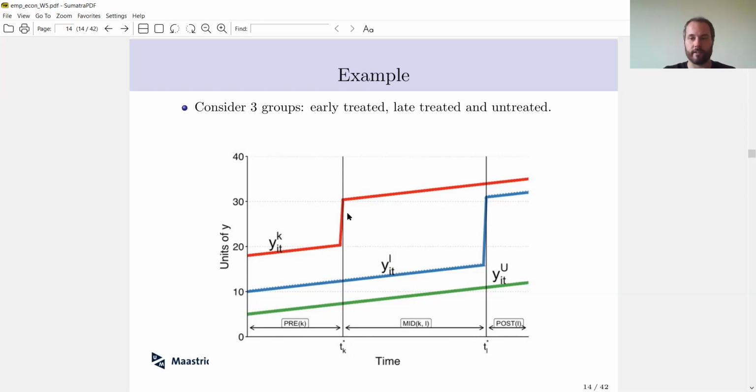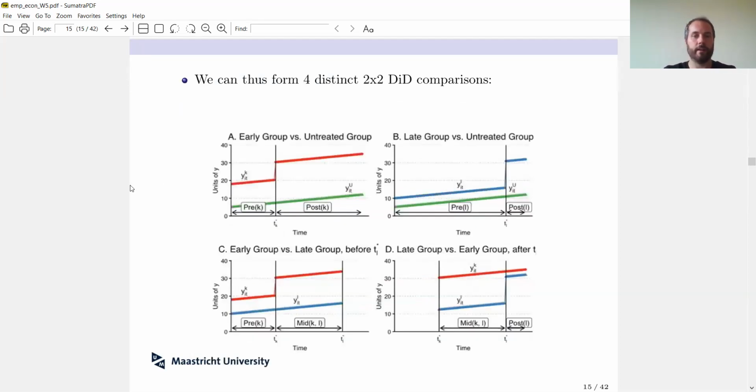So here the treatment effect is a little bit smaller than here. And the overall treatment effect can be obtained by basically averaging all these effects. So here we have early versus untreated. Here we have late versus untreated. Here we have early versus late. And here we have late versus early, right?